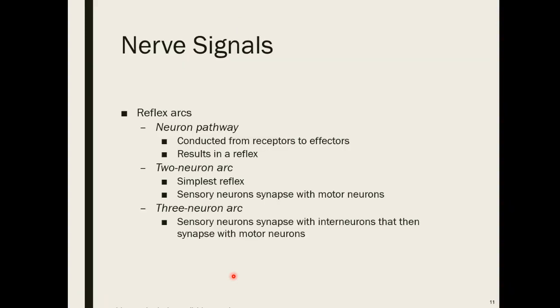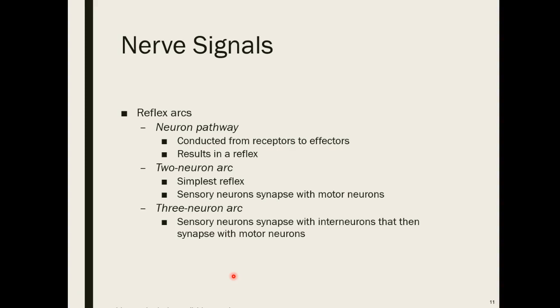The nerve signals are going to have a couple of different pathways that they can take, and these are known as reflex arcs. So the neuron pathway is going to go from receptors to effectors, resulting in a reflex. So the receptor is going to be the beginning of dendrites of sensory neurons. Remember, those dendrites are taking the impulse to the nerve body.